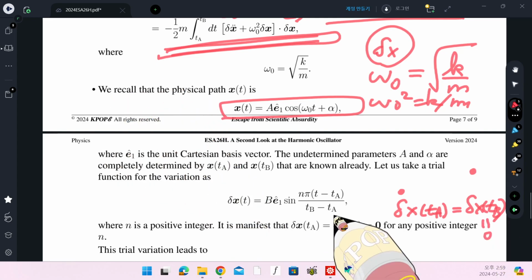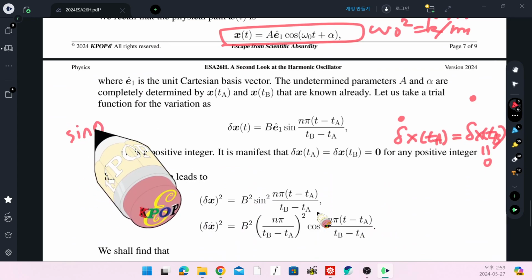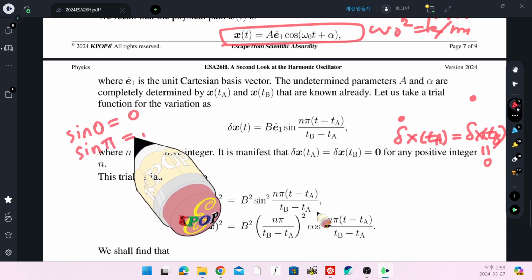We can make a trick. We know sine 0 equals 0 and sine pi equals 0.